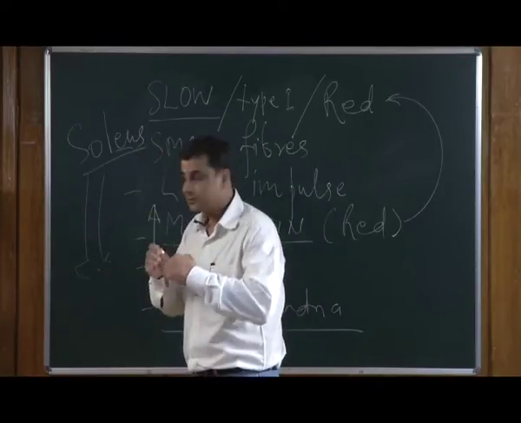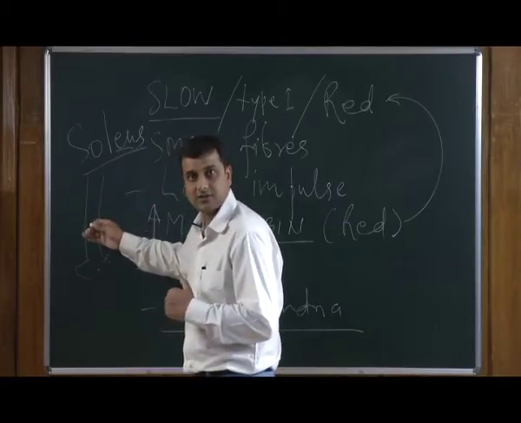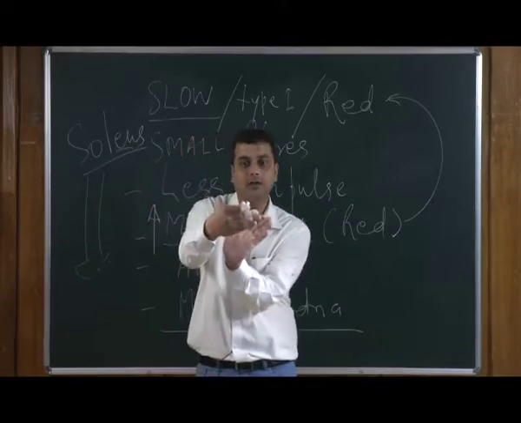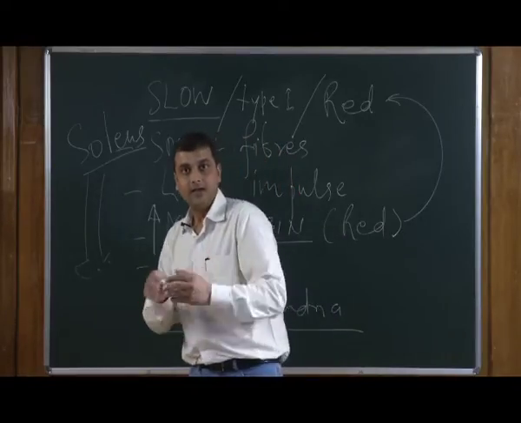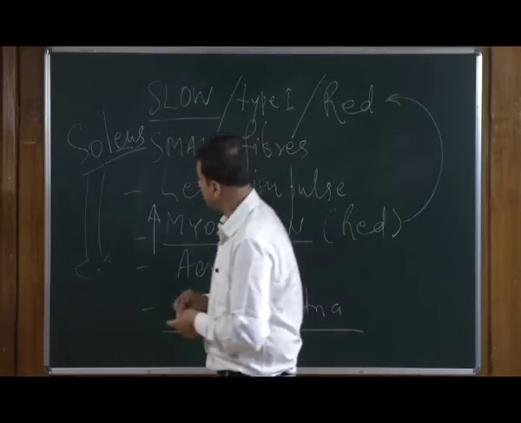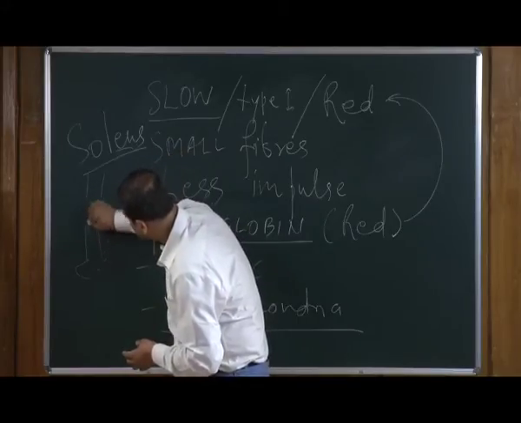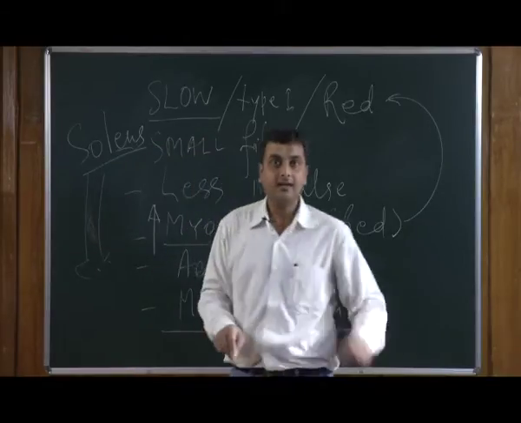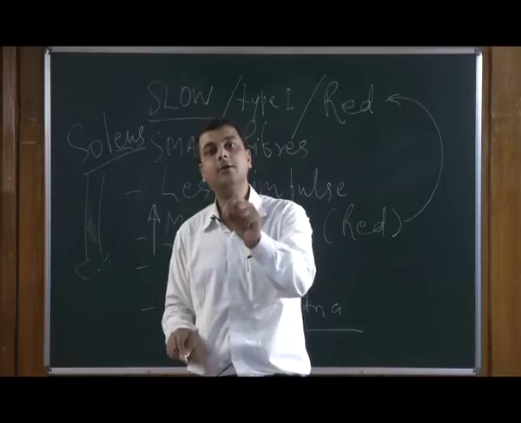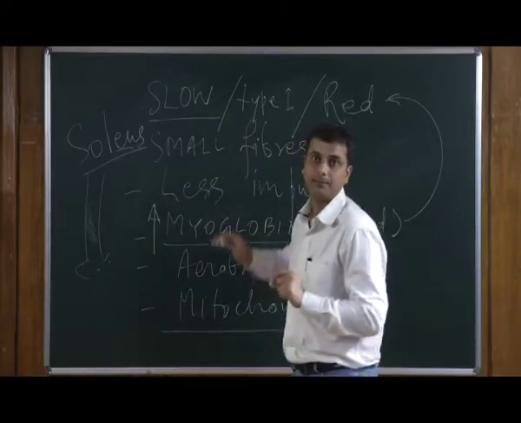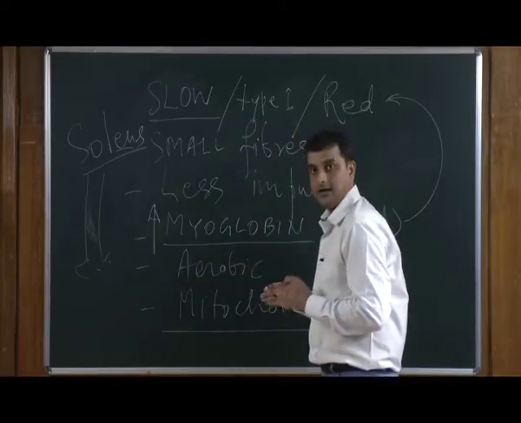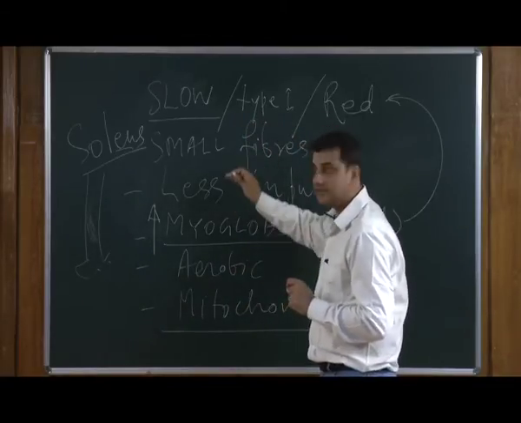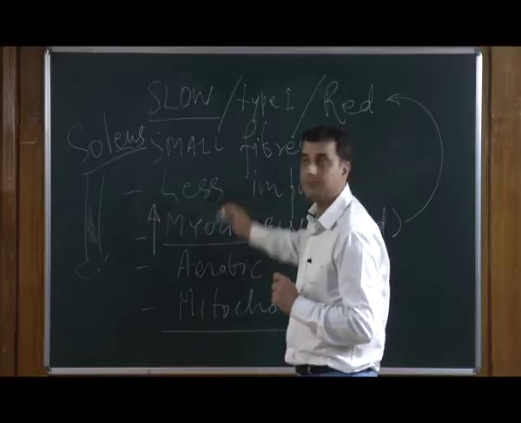To see this structure, one has to see the actual limb. If we are standing here, this is the front part of the limb, and just in the back part of the limb we have the soleus, which is one of the slow type of muscle having this kind of activity, these kinds of features in the muscle fiber.